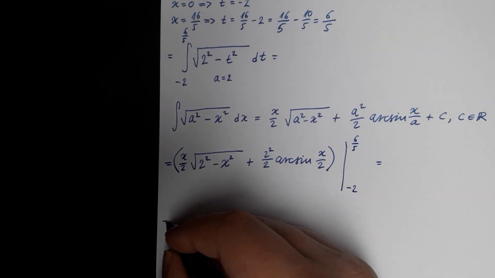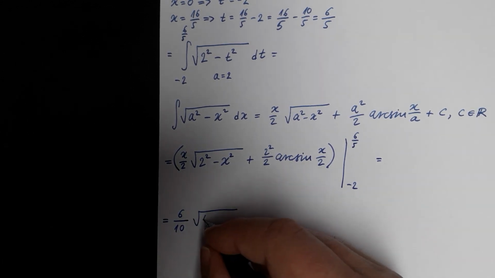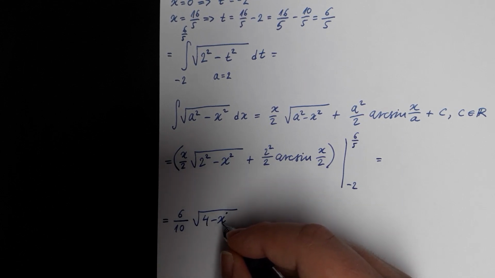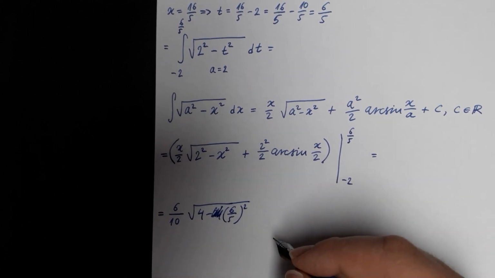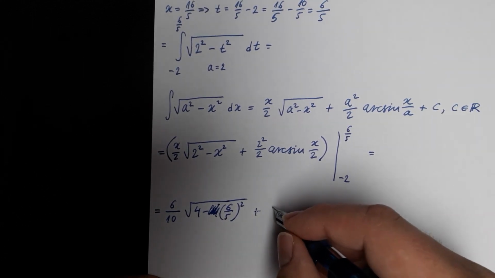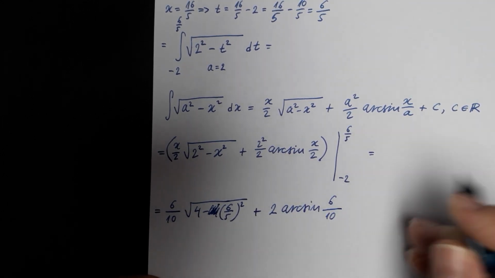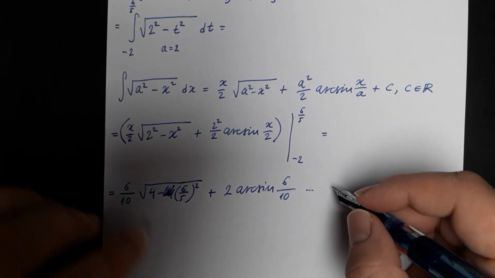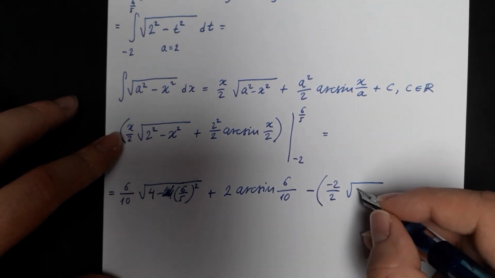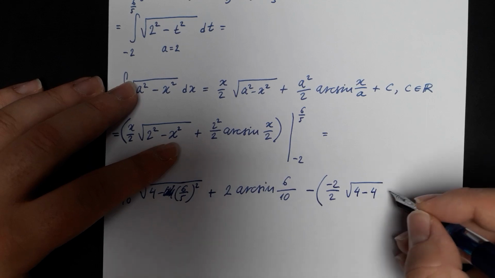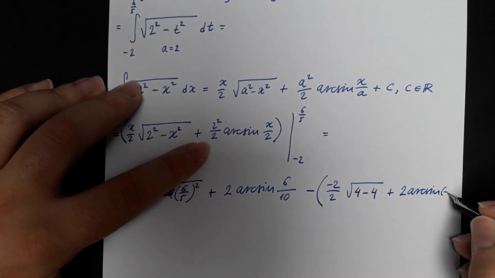And then we are left over with 6 divided by 10, square root of 4 minus x squared, x is 6 over 5 squared, plus 2 arcsine of 6 over 10, minus negative 2 over 2 square root of 4 minus 4, plus 2 arcsine of negative 1.